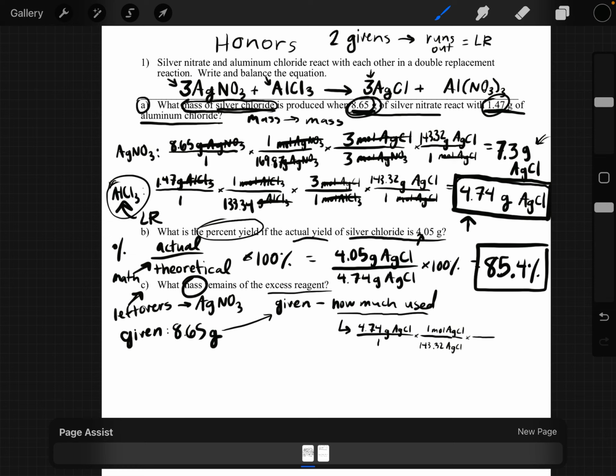But I'm going to divide by molar mass. Then I'm going to use my mole ratio. And then I'm finally going to be able to get myself to grams of my excess reagent. Oh, that is so bad.